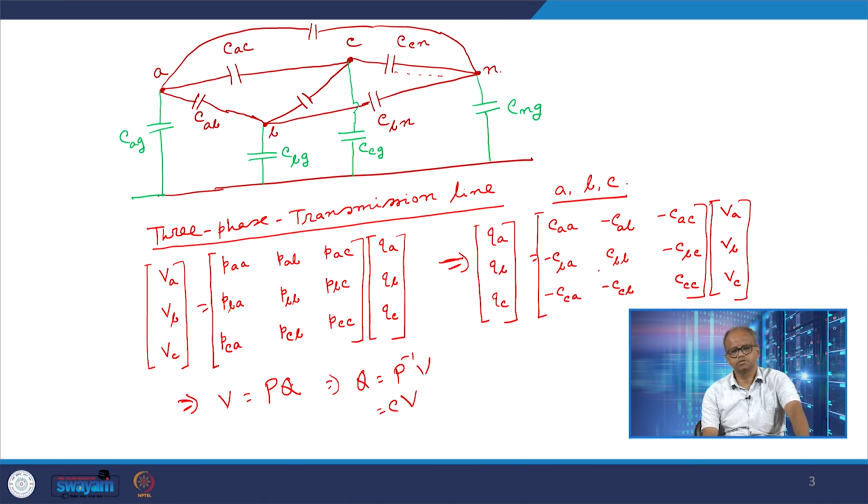Here of course this C denotes the capacitances, and this C in the subscript denotes the phase C. I mean this we must distinguish.